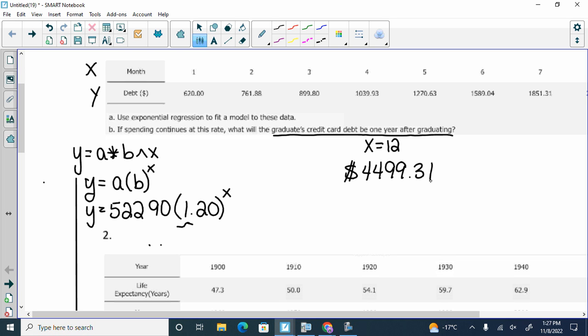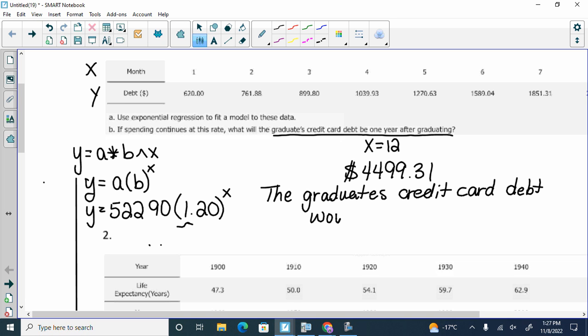You'd say, the graduate's credit card debt would be 4,499.31 after 1 year. So that is an exponential regression.